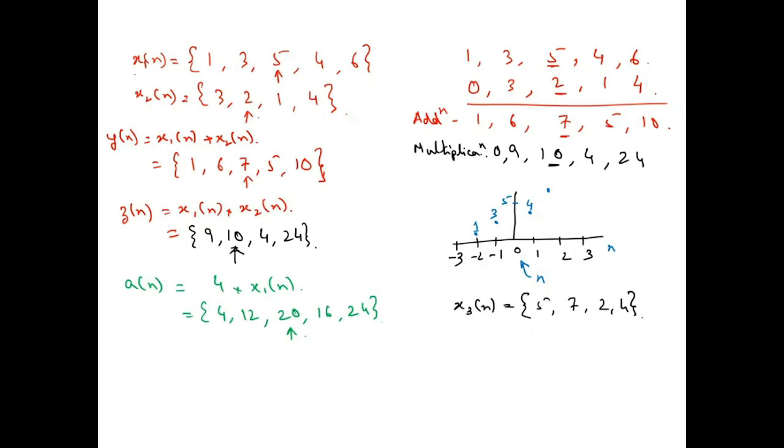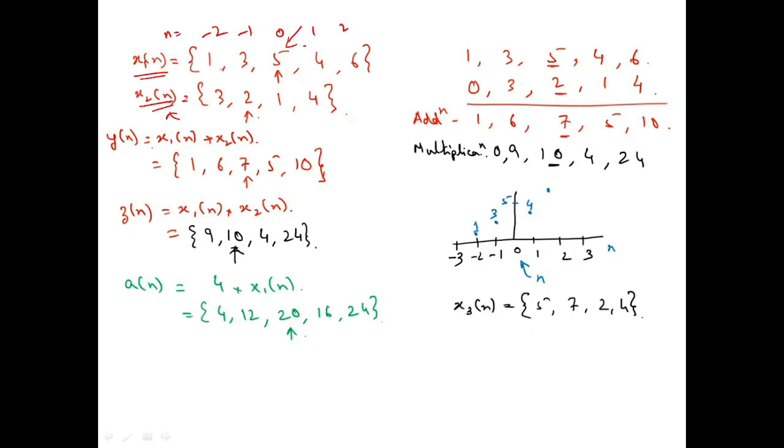Suppose there are two signals x1[n] and x2[n]. x1[n] is given by 1, 3, 5, 4, 6. We have seen that the pivot is below 5. That means the n values over here are 0, 1, 2, minus 1, minus 2. Right? Similarly, we can define x2[n] equals 3, 2, 1, 4.